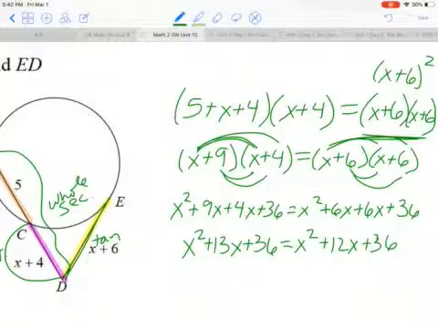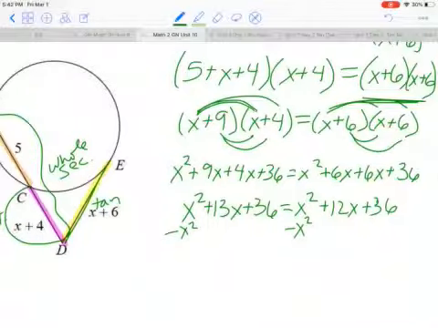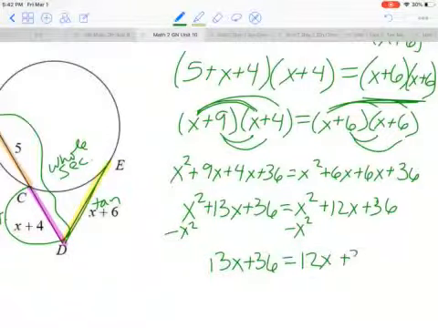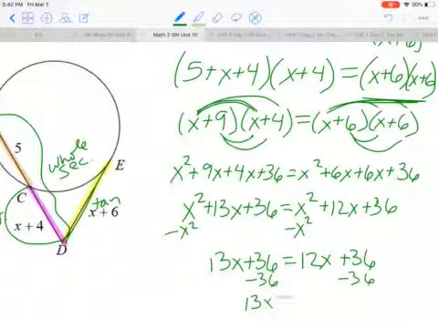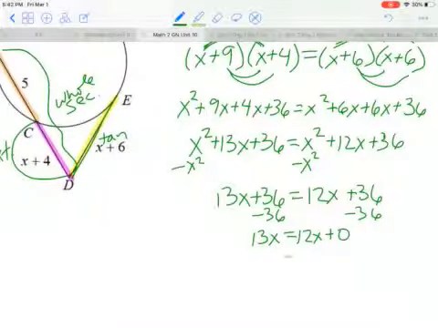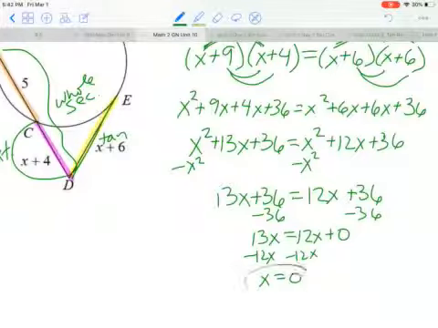And we can get rid of the x squared. And it's just getting rid of stuff at this point. So 13x plus 36 equals 12x plus 36. Go ahead and subtract 36 on each side. So you get 13x equals 12x plus 0. And if you subtract 12x from both sides, x equals 0, which is fine.